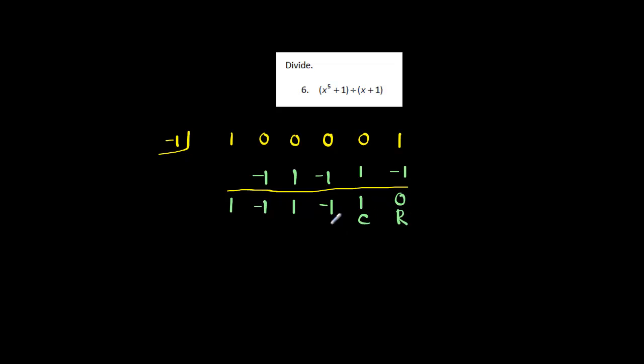Remainder, constant, x, x squared, x cubed, x to the 4th. So our answer is going to be 1x to the 4th minus x cubed plus x squared minus x plus 1. And that's your answer.